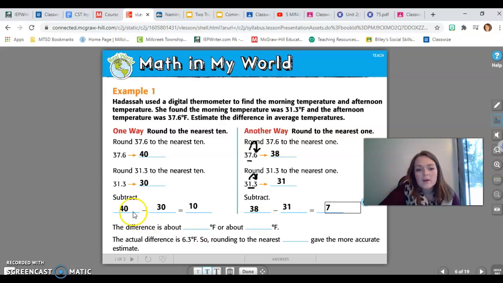Okay, so when we compare them, we see that there's a little bit of a difference between these, right? We have 10 as our answer and we have 7 as our answer, but we want to figure out the closest answer.